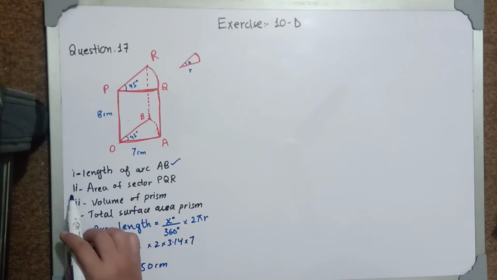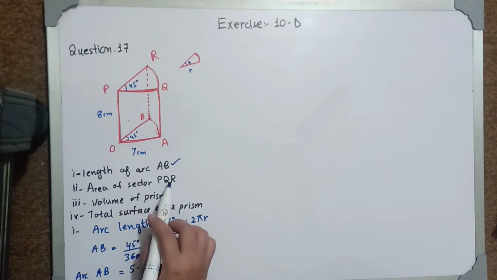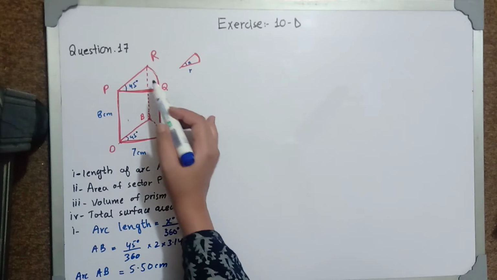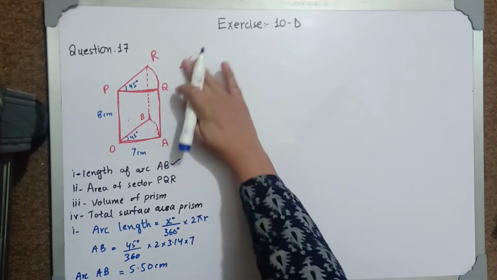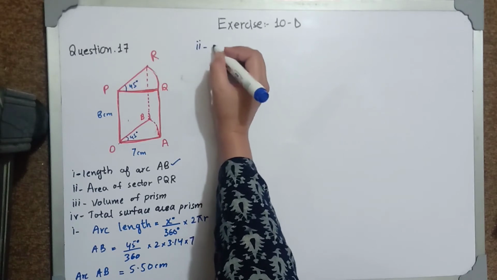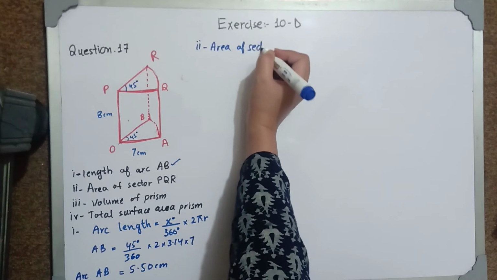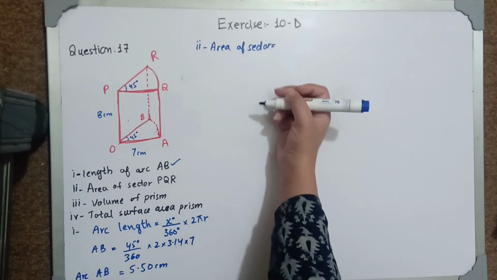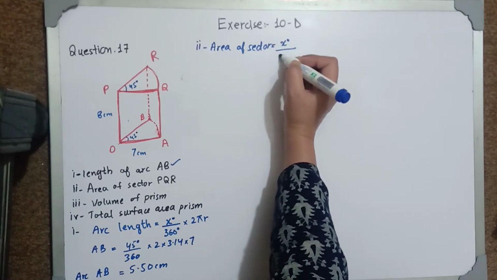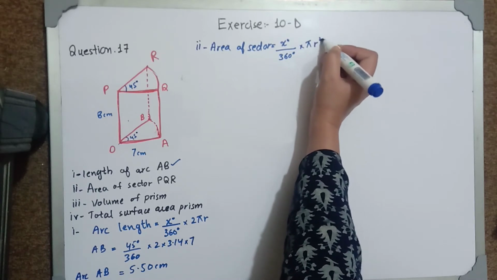Now look at the second part of the question. It says find the area of sector PQR. This is PQR with this sector, and they have asked you to find the area of this sector. So we're gonna find it. We know that a formula to find the area of sector is equals to x, the angle of sector, over 360-degree into pi r square, right?